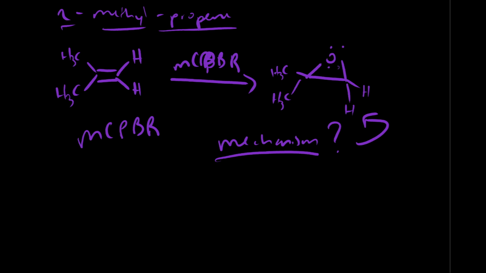What we must first do is draw mCPBA. And so you're probably very curious as to where mCPBA received its name. So let's begin drawing it out. You're going to want to start with an aromatic ring and another aromatic ring.